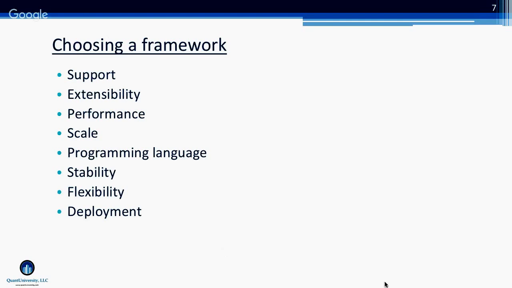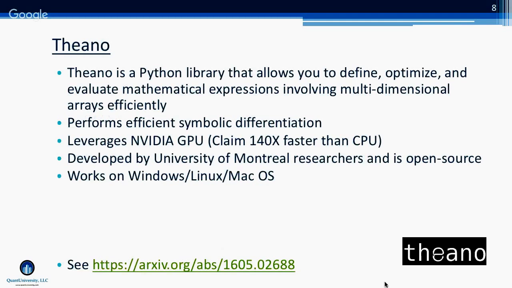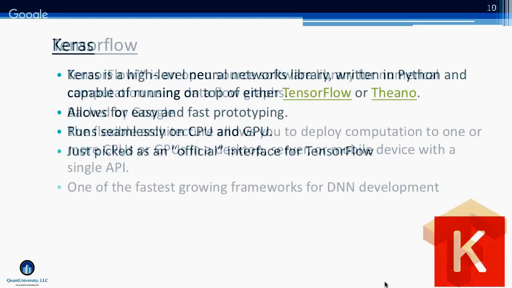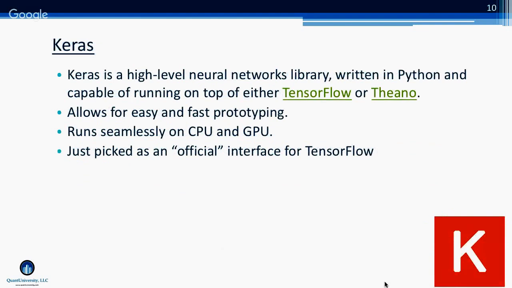Maybe for some data science applications where the output is presentations to executives, you don't need to deploy to production. I'm not going to get into that. You can ask me offline if you're interested. I'm going to skip this. Theano is one thing that Keras has always supported. TensorFlow is Google's. Keras is cool. We're going to look at it.